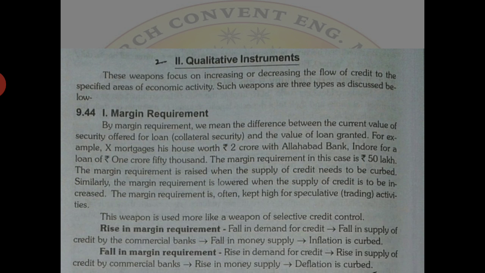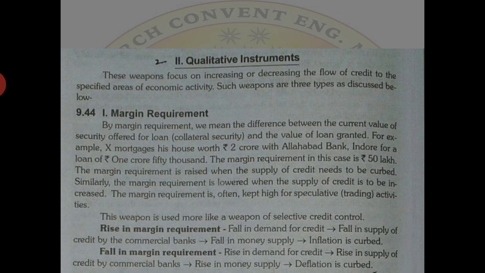If the current value of the asset is rupees 1 lakh, then the bank will provide him only rupees 70,000 or say 80,000. Full amount equal to the assets will not be given. So margin requirement is kept high for speculative purposes like in trading and other things.